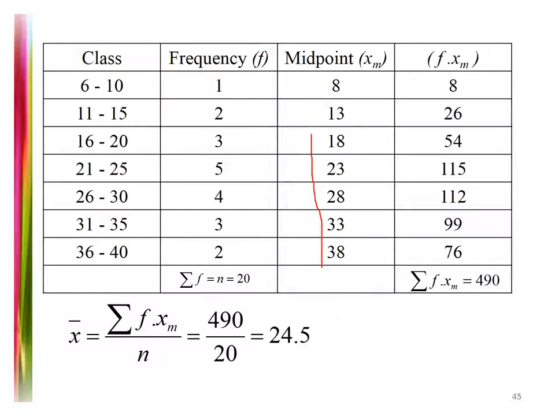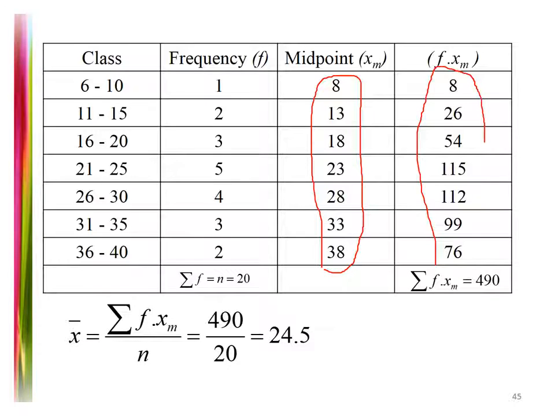So these are the midpoint values. The midpoint means 6 plus 10 divided by 2, which is 8. 11 plus 15 divided by 2 is 13. Similarly, the last one, 36 plus 40 divided by 2, is equal to 38. Then the products: 1 into 8, 2 into 13 is 26.